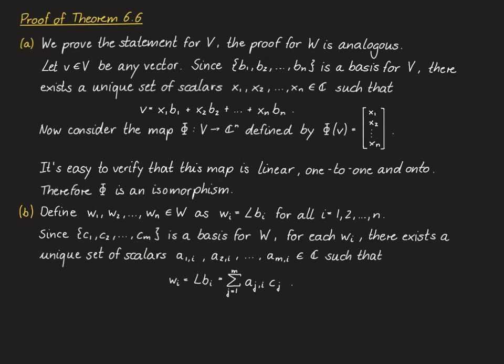Since the set of vectors c1 through cm is a basis for the vector space W, that means that for each vector wi, there exists a unique set of scalars that we call a1i through ami, such that the vector wi equals L bi can be expressed as the sum over an index j that runs from 1 to m of the scalars aji times the vectors cj.